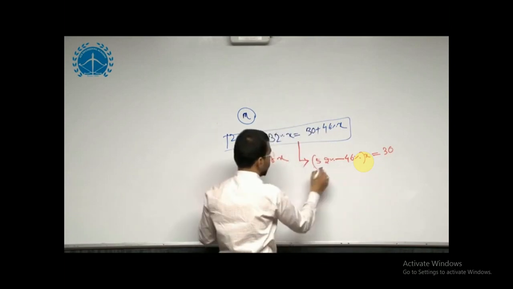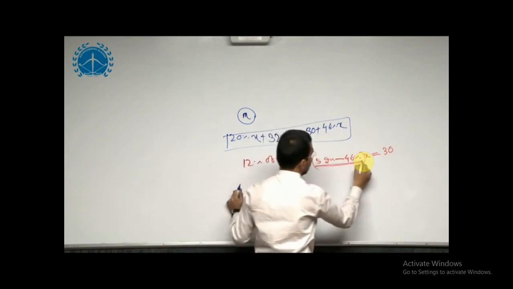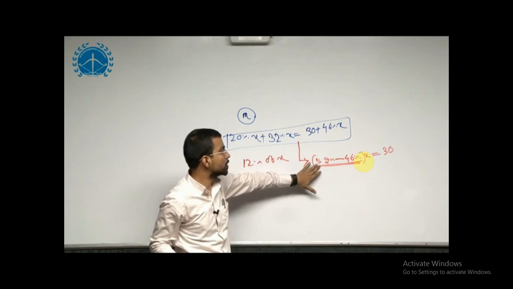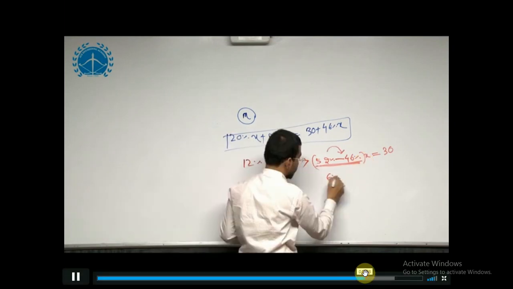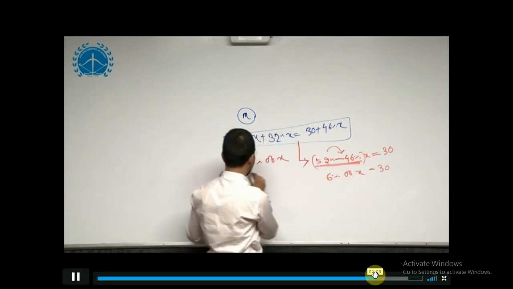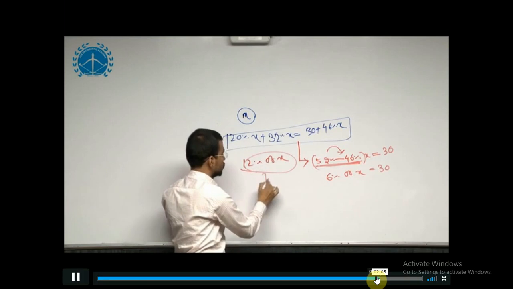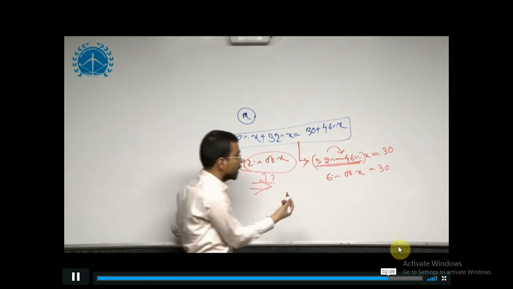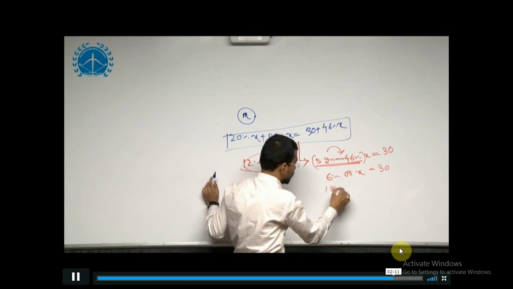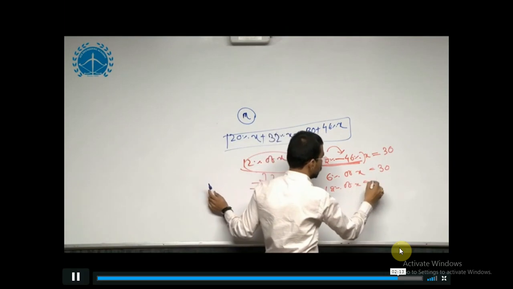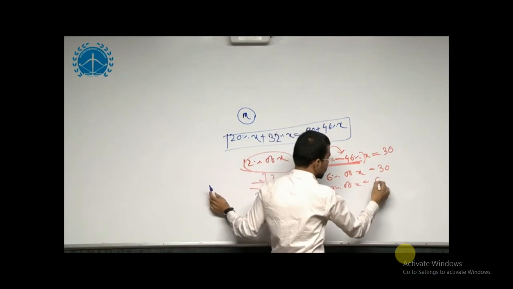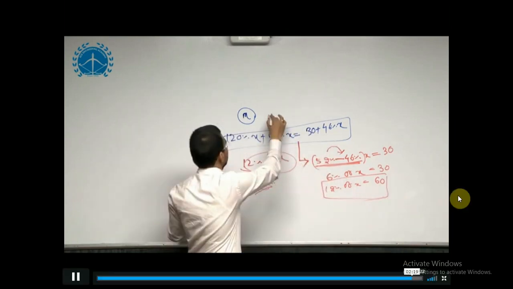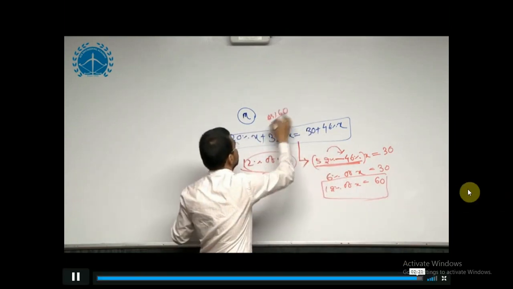So here 52% minus 46% of x is 12% of x, which equals how much? If I go for the 12% of x calculation, then 12% of x equals 2 into 30, that is nothing but 60. So 60 is my answer. Answer is nothing but 60.